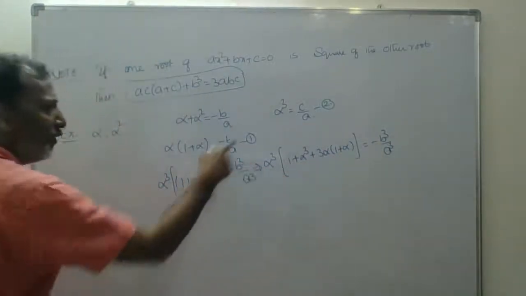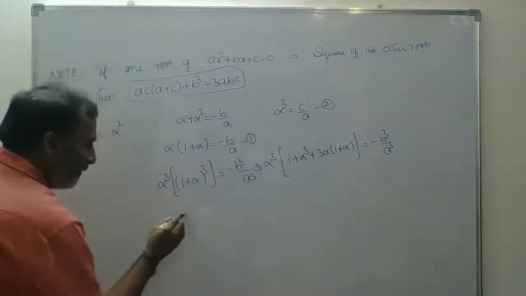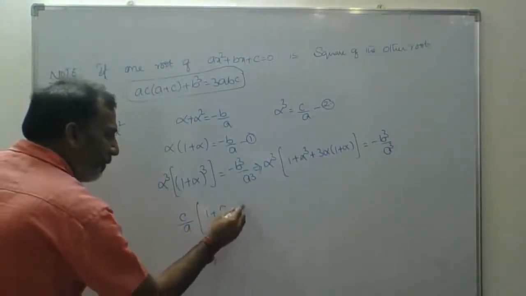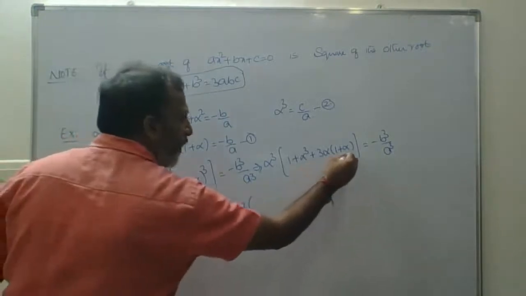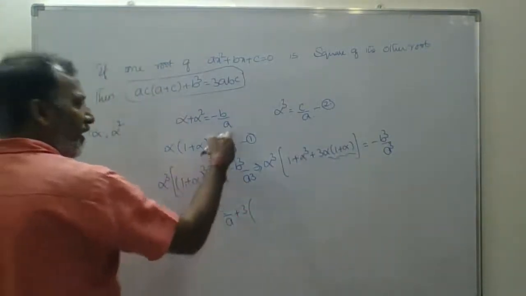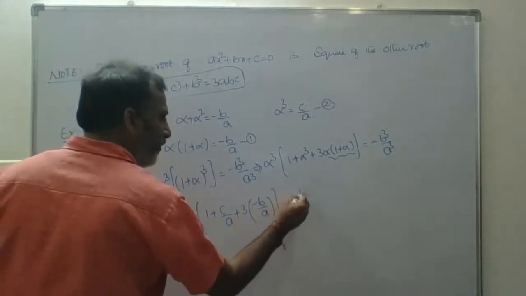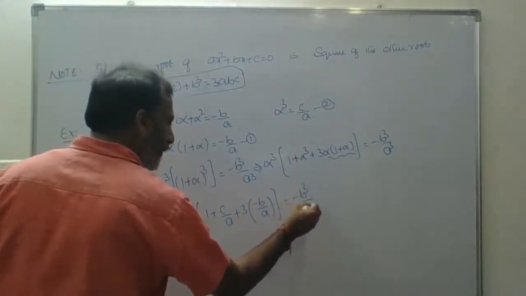What is alpha cube? We have c by a. So c by a into (1 plus c by a plus 3 into alpha into (1 plus alpha)). What is alpha into (1 plus alpha)? Minus b by a, is equal to minus b cube by a cube.